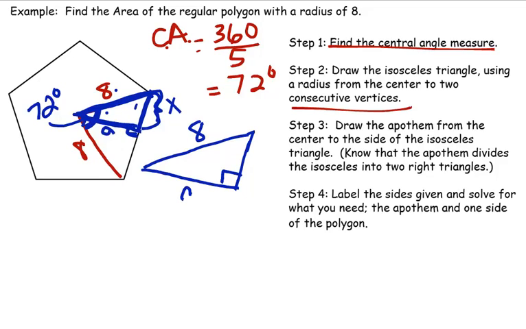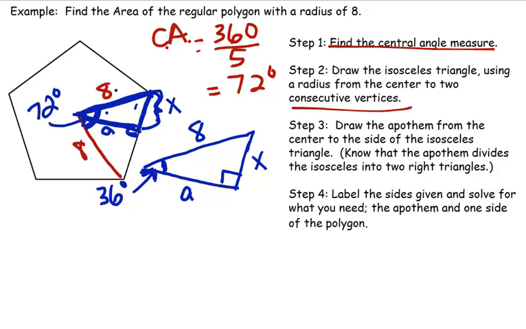This is my apothem, and then we labeled this side X. I'm just redrawing it so we can get a better picture. So now when I divided that central angle into 2, it gives me this angle at the top of my right triangle, and that's going to be 72 divided by 2, which is 36 degrees.